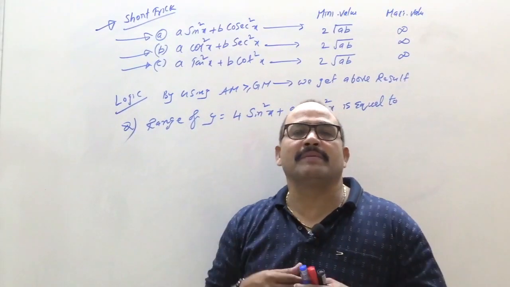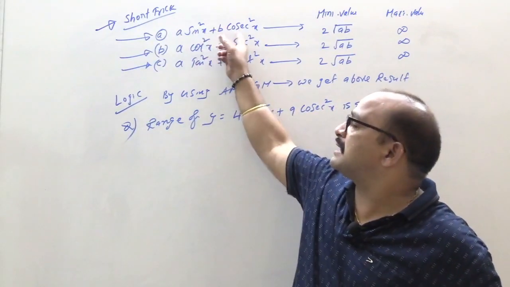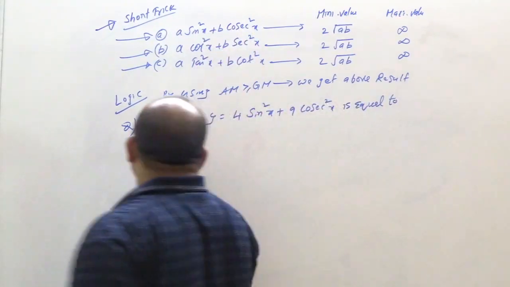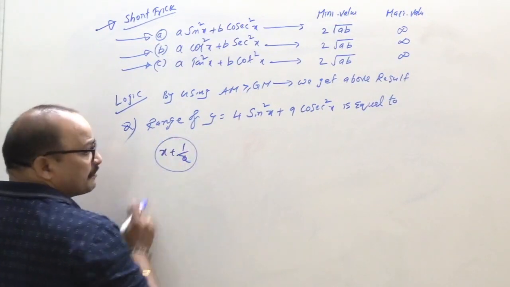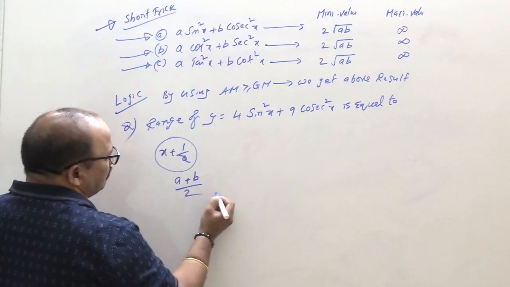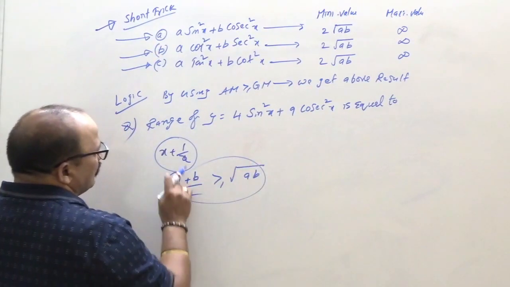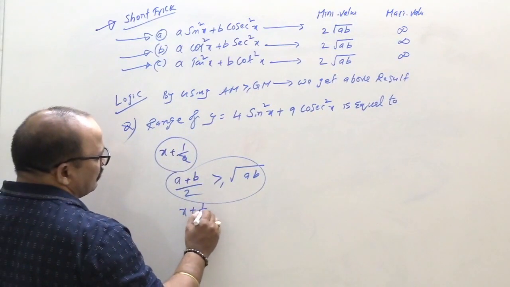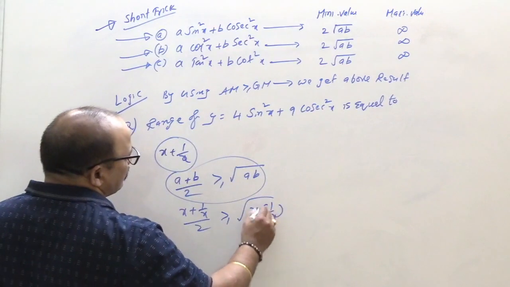Sir, how to remember that? Simple students. Reciprocality is there. AM is greater than or equal to GM. For example, what is the maximum and minimum value of this function? The AM of two numbers is greater than or equal to the GM of two numbers. So (x plus 1 by x) whole by 2 is greater than or equal to root of x times 1 by x.